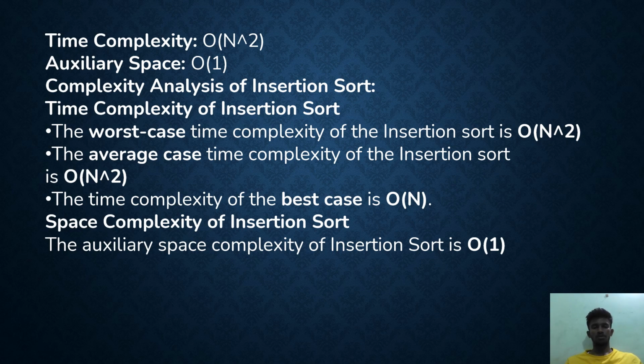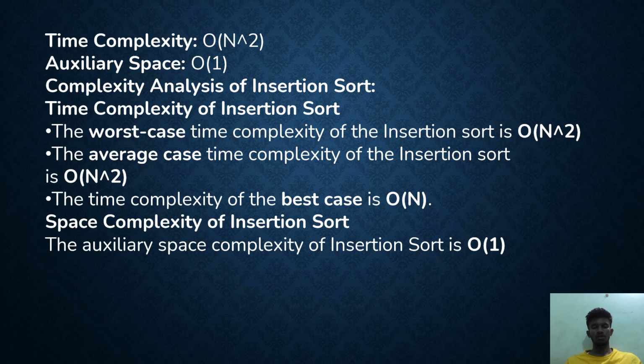Now the complexity analysis of insertion sort. The worst-case time complexity of insertion sort is big O of n squared, the average-case complexity is big O of n squared, and the best-case time complexity is big O of n.